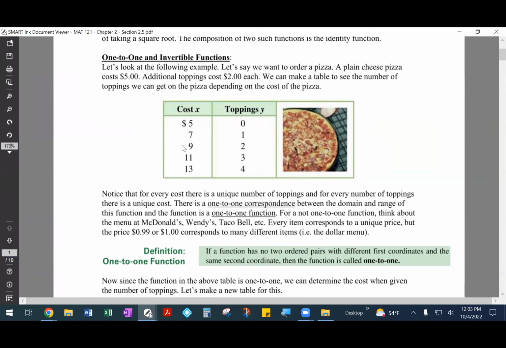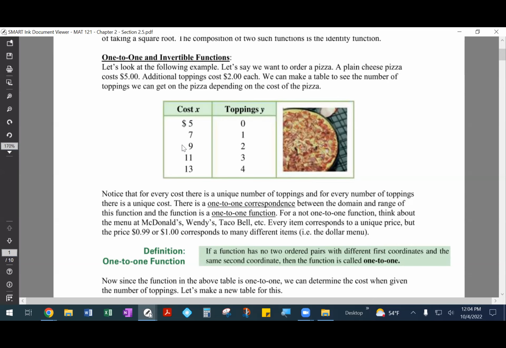So depending on the number of toppings, the price of your pizza will change. So you will see here, there's basically a unique relationship between the number of toppings and what the cost will be. It's not like I can get one topping or two toppings and it will still cost me $7, right? One topping will cost me $7, two toppings will cost me $9. So there's no repetition between the dollar amount and the number of toppings.